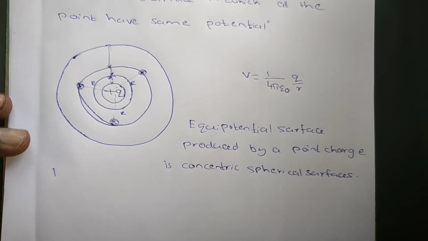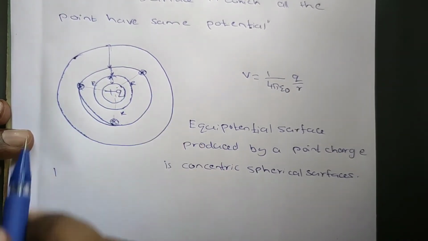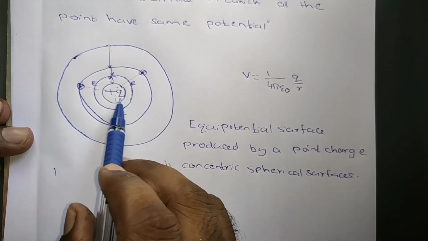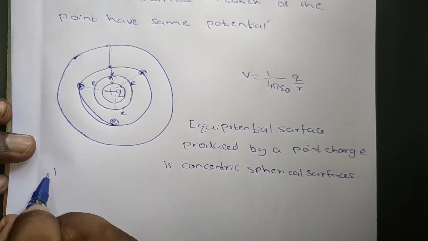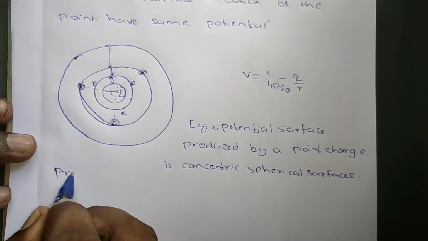The distance between the spheres increases. Clear?